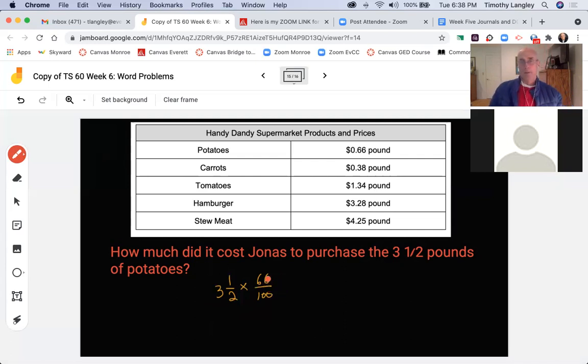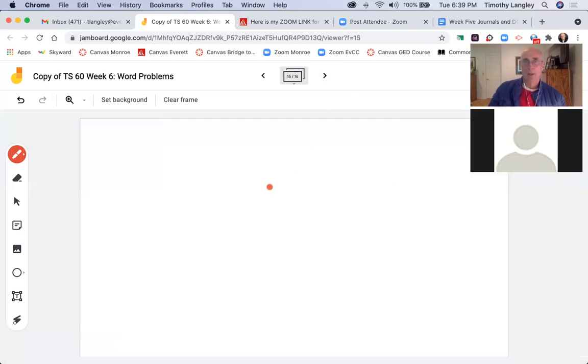In this case, I just put it over 100 because we haven't got the decimals yet. So it's like 66 over. If you look at this 66, the 6 is in the 100th place. So as a fraction, it's 66 over 100. Okay, that's why I did that. So we just took the amount he bought in potatoes and multiplied it by how much it is per pound. And that gave us the answer.